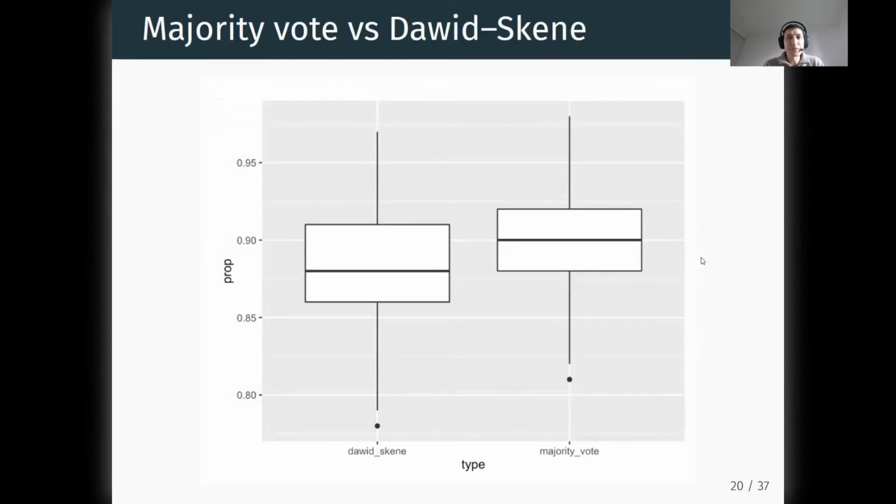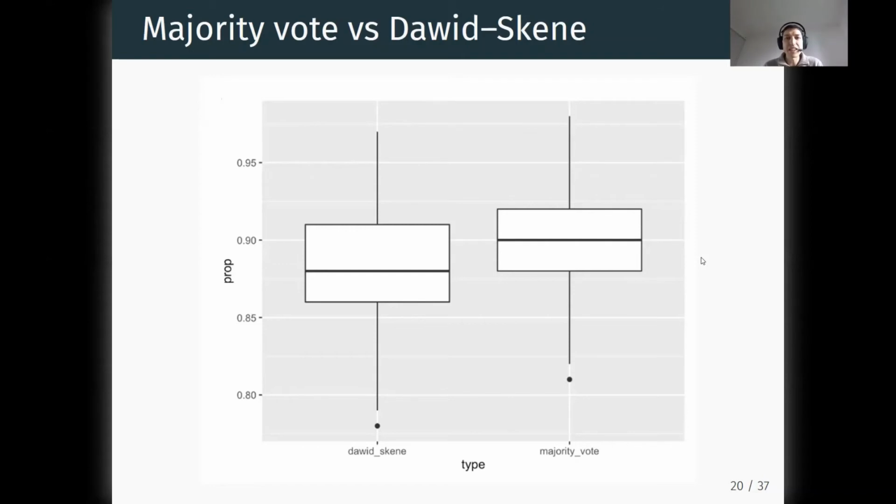So when we saw this, we were a bit surprised, because the Dawid-Skene model is analyzing all the data together jointly in the right way, using a proper model, and doing things like correcting for any systematic biases, any error in raters and so forth. We thought, how could it possibly do worse than something as naive as majority vote?